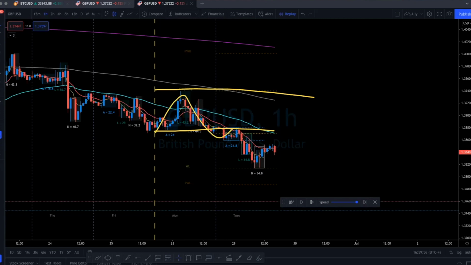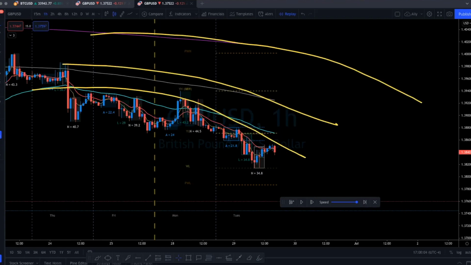So you're not doing this the rest of the week. Also, the EMAs are spread out, so very unlikely to have any kind of an accumulation cycle.